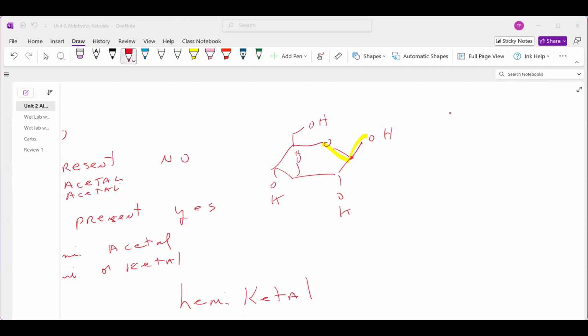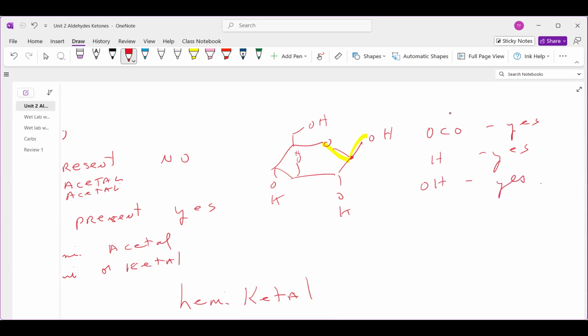Okay, so OCO, yes. Is there an H present? And that means it's some kind of an acetal. And is there an OH present?